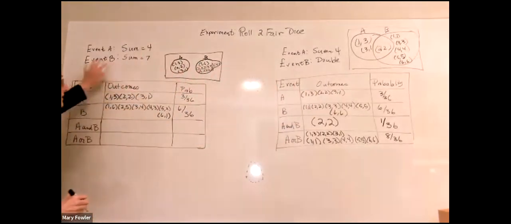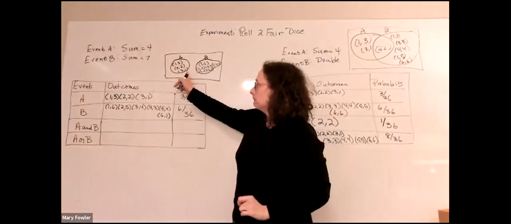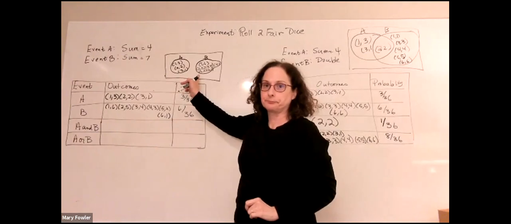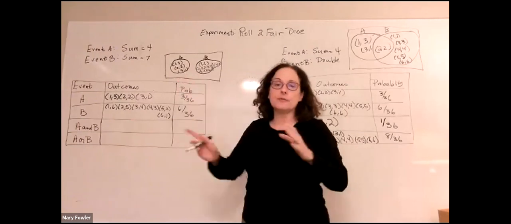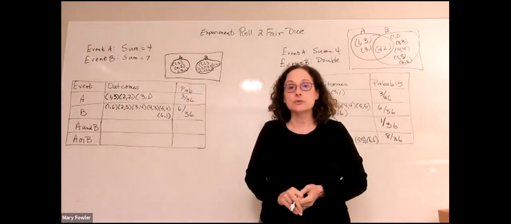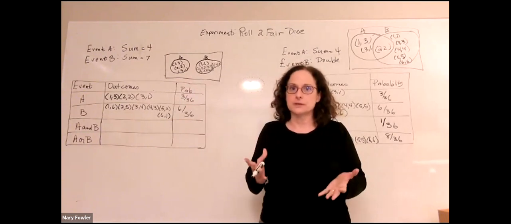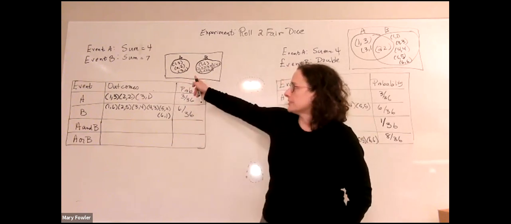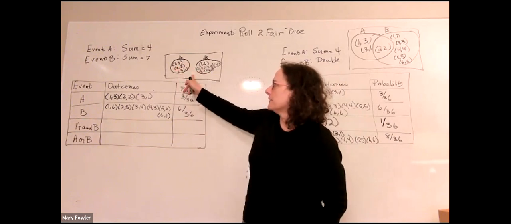Let's go over to the other side of the board, where notice that these 2 events had nothing in common. When there are 2 events that have nothing in common, we call that mutually exclusive or disjoint. Those 2 terms mean the same thing. So what outcomes are in A and in B?